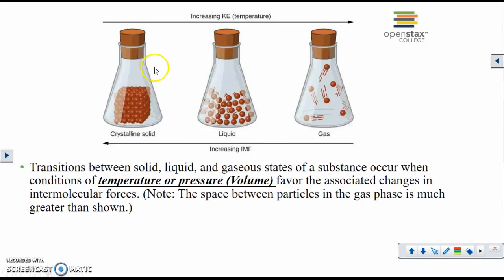In this diagram, in this actual image, we can see that solids, if you look at the continuum for IMF, have the highest intermolecular forces, and gases have the least intermolecular force. However, gases have the highest kinetic energy.